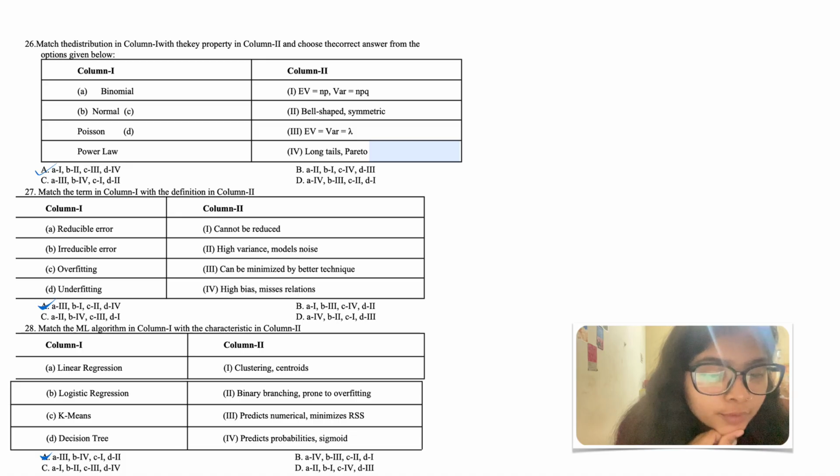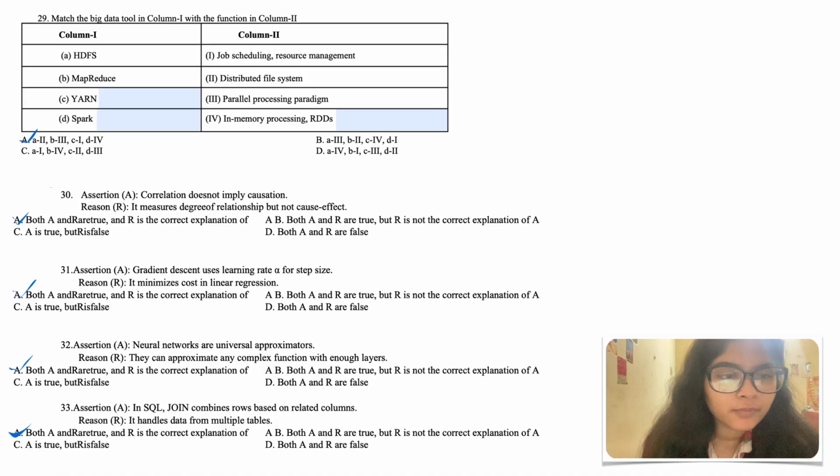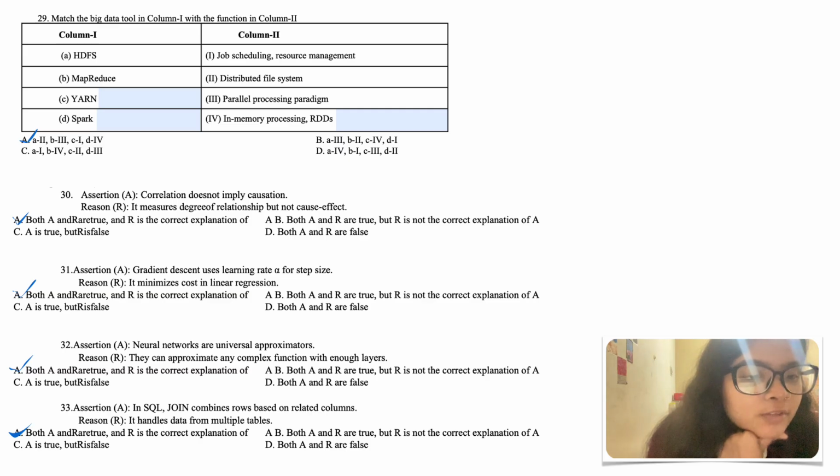K-means algorithm involves clustering and centroid. Decision tree, binary branching, prone to overfitting. In the next question 29, we have HDFS, which is a distributed file system.